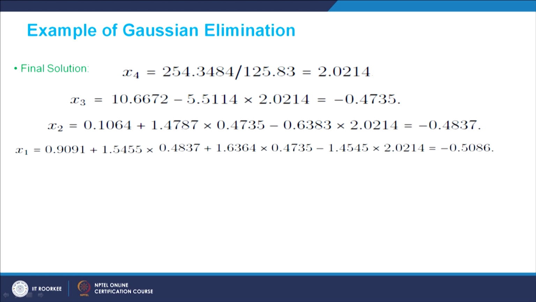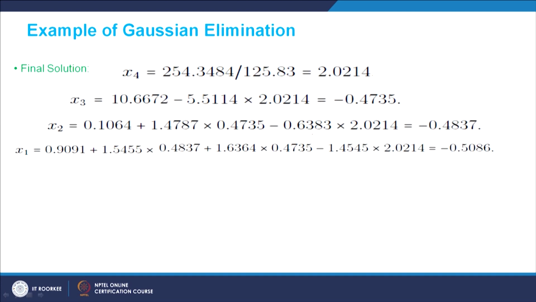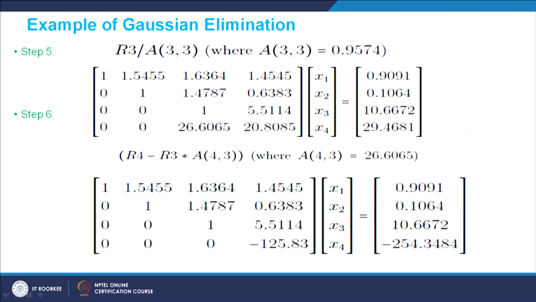So it is 1.4787 into 0.4735 minus 0.6383 into x 4, and x 4 is 2.0214. When I plug this in and do the calculation, we get minus 0.4837. And x 1 would be 0.9091 minus this into x 2 minus this into x 3 minus this into x 4.